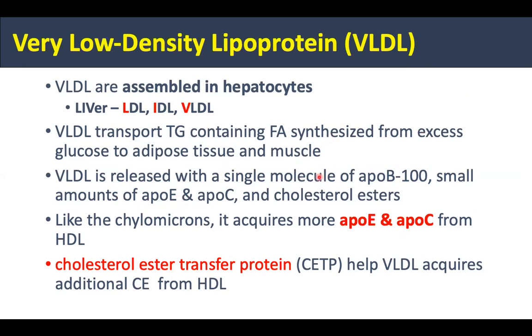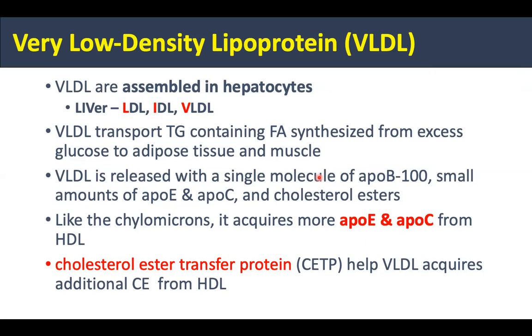What is the function of ApoE? If you remember, I told you that the liver has LDL receptors. The problem is that for any of the lipoproteins except LDL, the liver receptor is not going to recognize it.